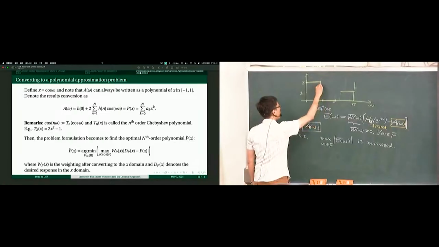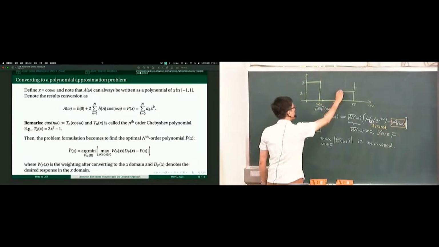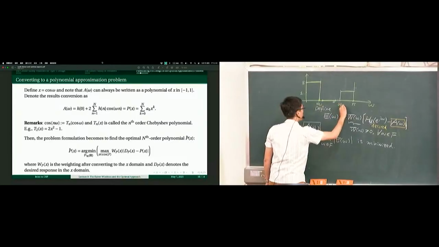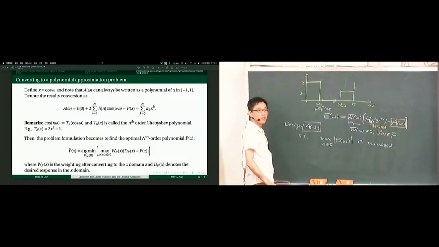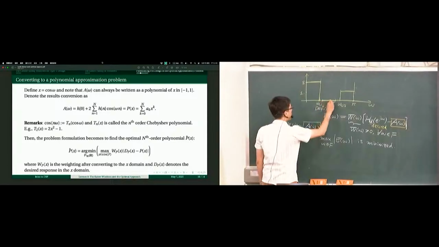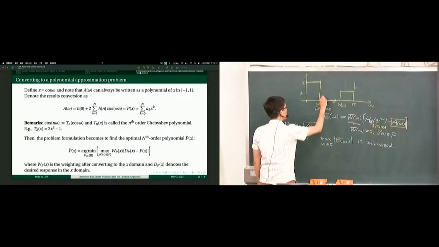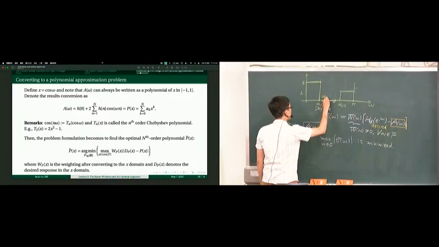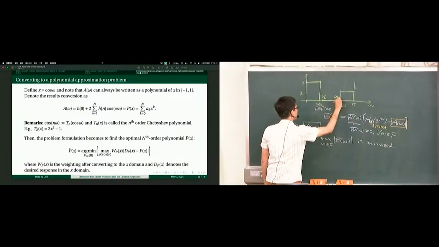So we have the cutoff frequency right here, omega C1 for the low pass band, omega C2 for the high pass region. And then also the edge frequencies, from, let's say, a stop band frequency omega S2.